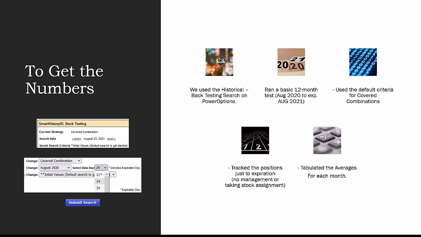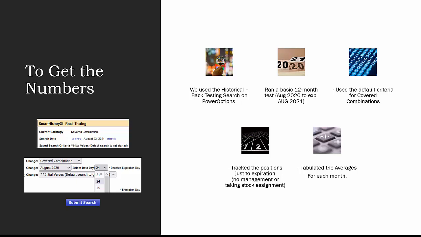We used the default criteria created by Ernie Renner and the PowerOptions staff for the covered combination strategy. We tracked the positions just to expiration, going 1 month out for each cycle, doing no management, rolling, or taking stock assignment on the short put side. We tabulated the averages for each month going forward.